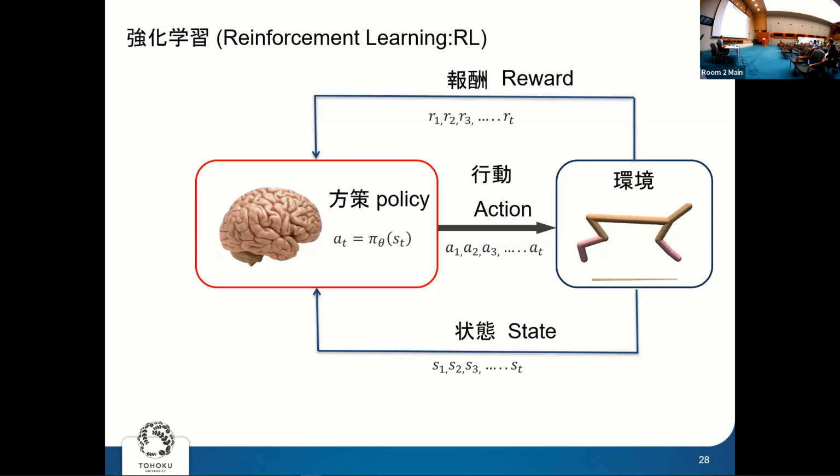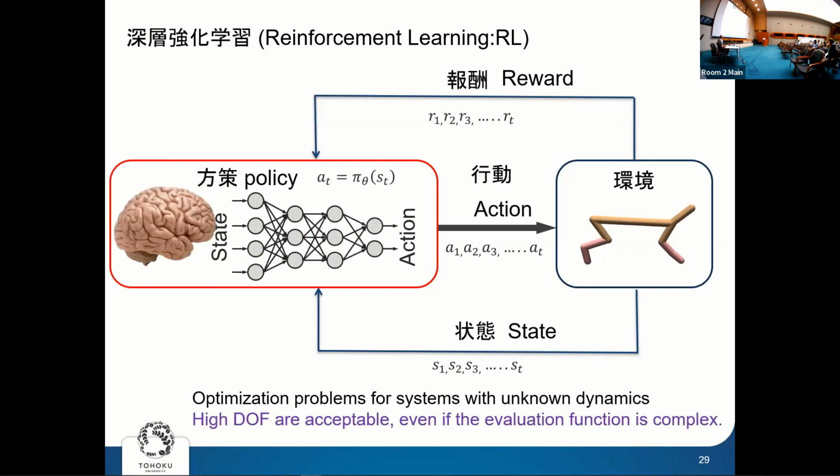It is the same even if we have a motor performance agent. Initially it cannot move efficiently, but by trial and error, it learns to improve the motor performance, but also the energy-efficient motions.